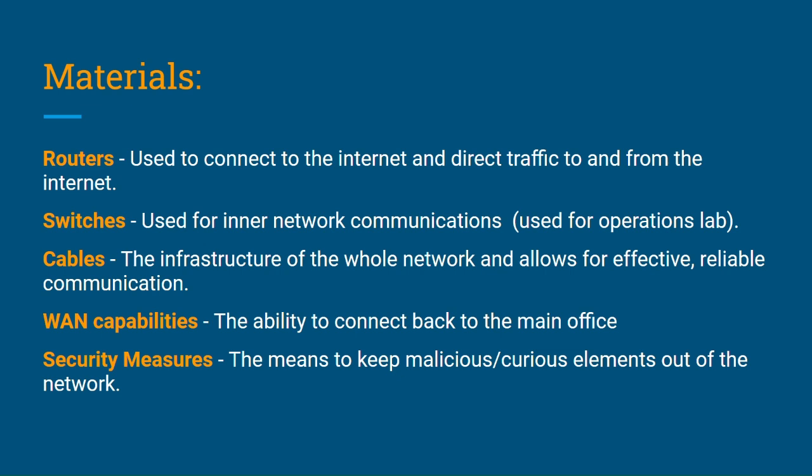Lastly, there is the wide area network capabilities and the technology needed to carry the information from the campus and laboratory all the way to the main office. And finally, the security measures to make sure this stays secure.